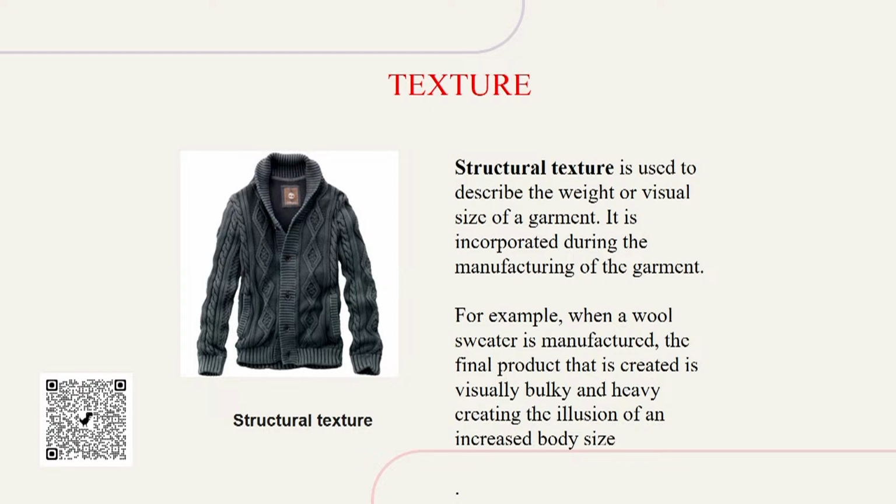You will see how the rib knit on the woolen fabric is providing a very visually bulky look, and therefore when you wear such sweaters, it will give an illusion of increased body size. So structural texture is an integral part of the manufacturing of the garment.